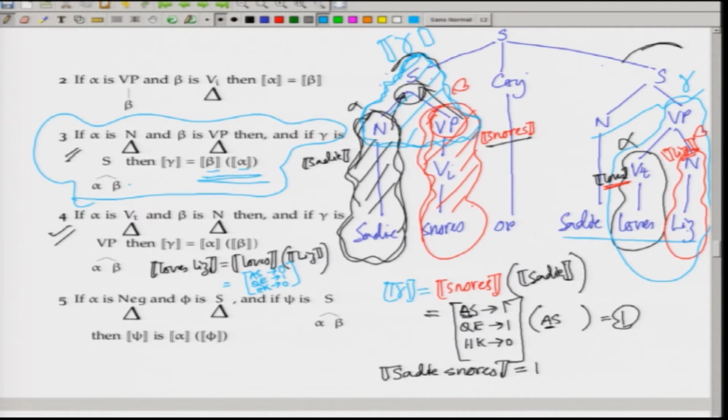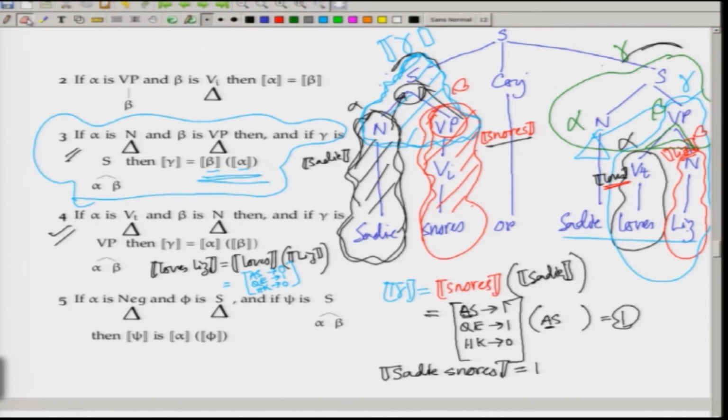If alpha is n goes to something, and if beta is v p goes to something, we can see that this perfectly satisfies it. So, this is alpha and this is beta, and if gamma is s goes to alpha beta, which is this.